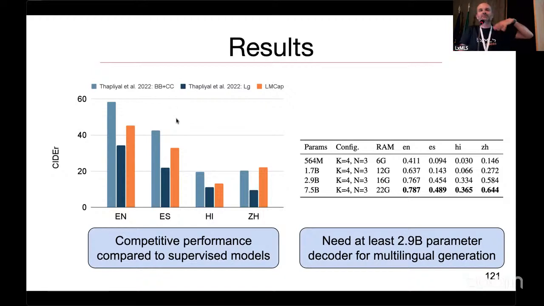You need a certain amount of capacity in the model, either for them to be able to represent these languages well, or for them to be able to follow the instruction templates. We never got to the bottom of which of these two things was most important, but I think that there's some interesting thoughts about what you could do in that direction. And I'd also love to hear if you have any thoughts about how we would disentangle what's happening there.